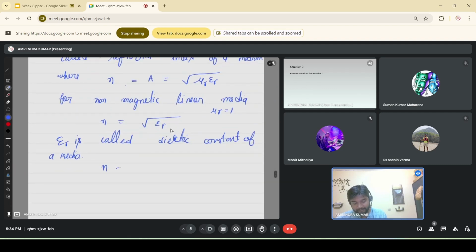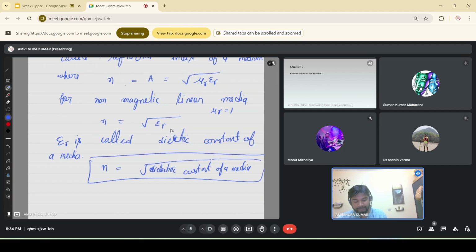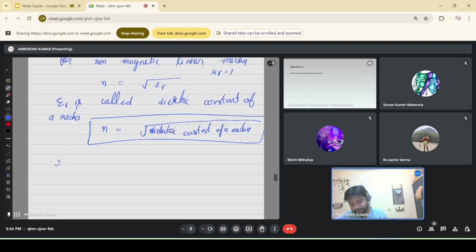So it means that n is the square root of the dielectric constant of the media. We can see from this equation that this refractive index concept comes from the Maxwell equation in a linear dielectric media, and its velocity, meaning the electromagnetic wave velocity, gets reduced by a factor of n.